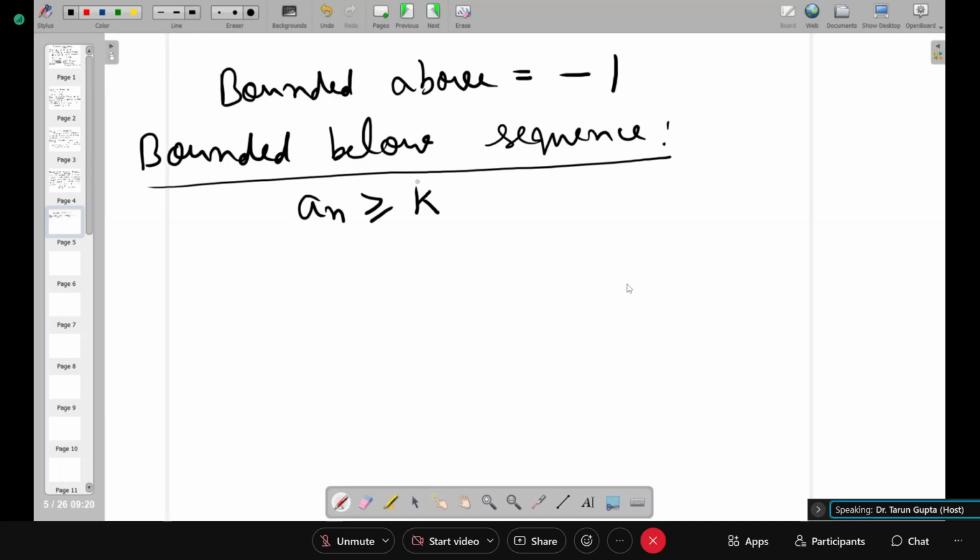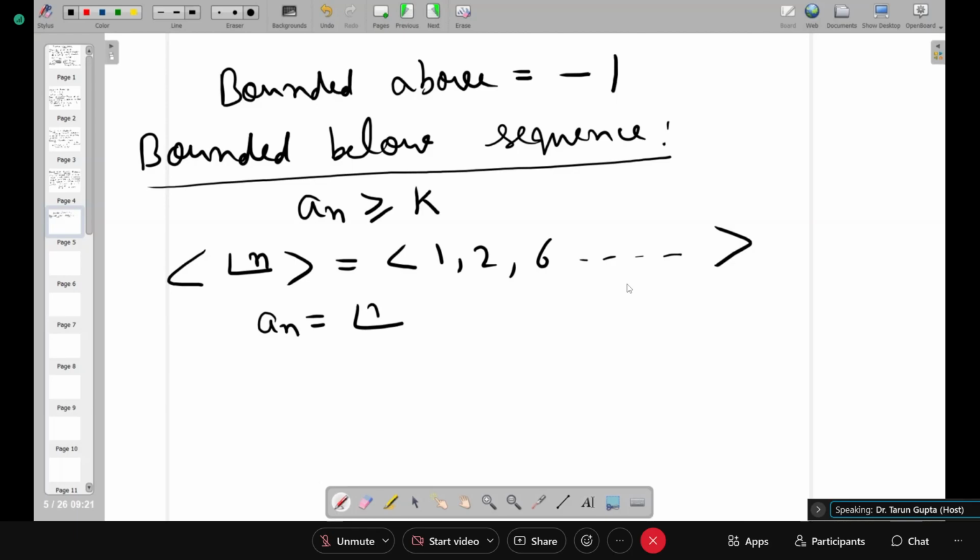For example, if I am writing this sequence, an equal to factorial n. Now if we write the terms, 1, 2, 6, in this way terms will come. Here an is greater than or equal to 1.